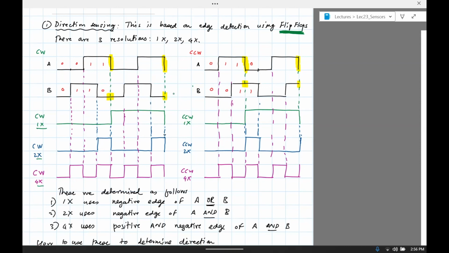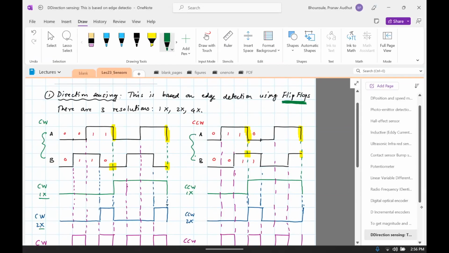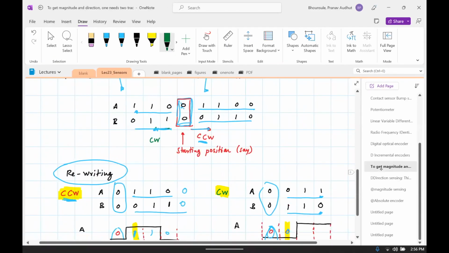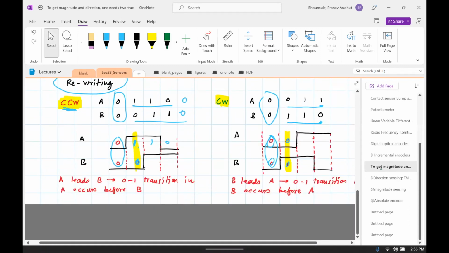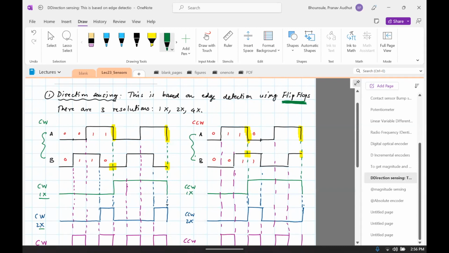Let me backtrack here. First of all, this A and B is the same as what I've shown here. There's no difference. I just copy pasted the same thing. There's nothing new there.